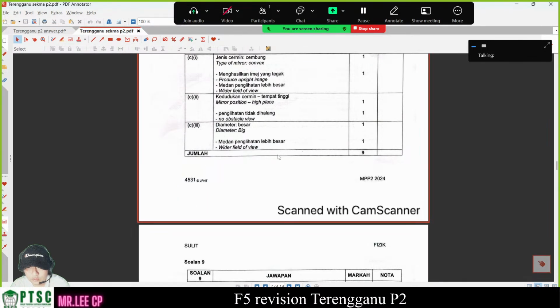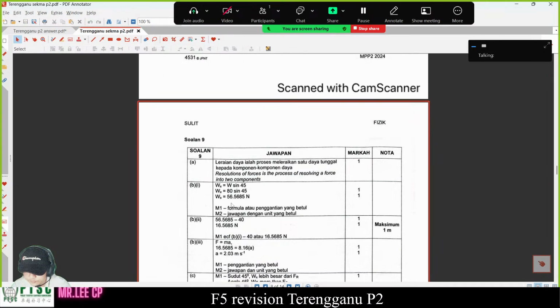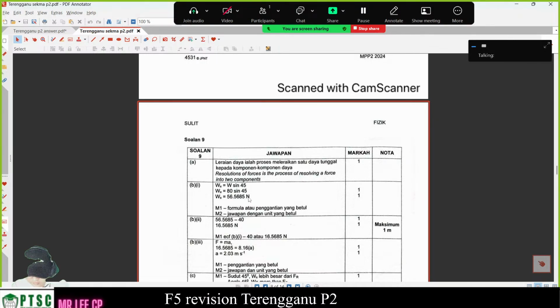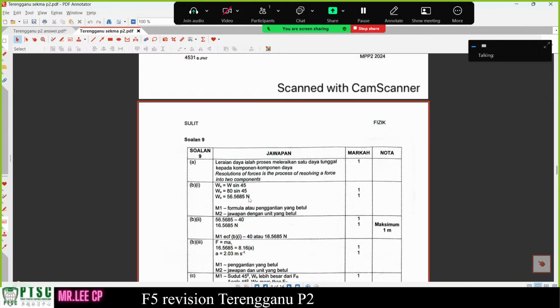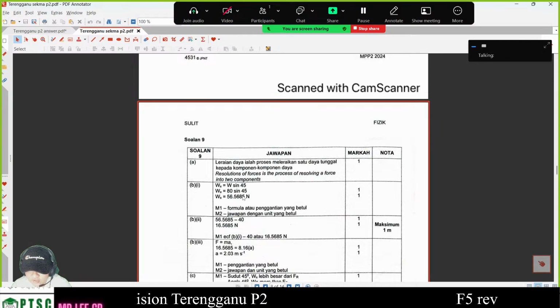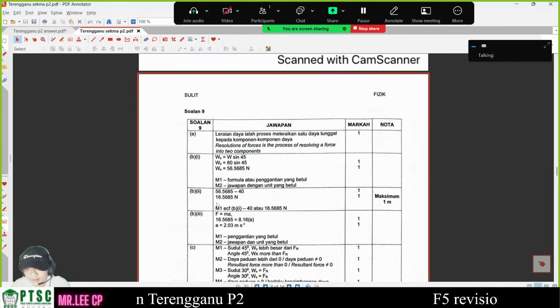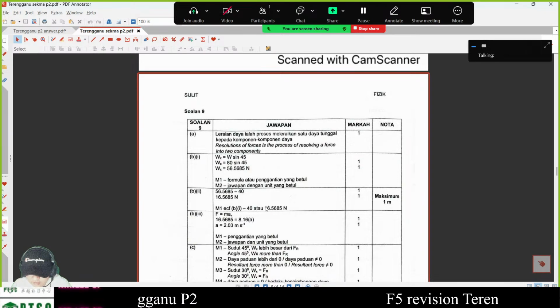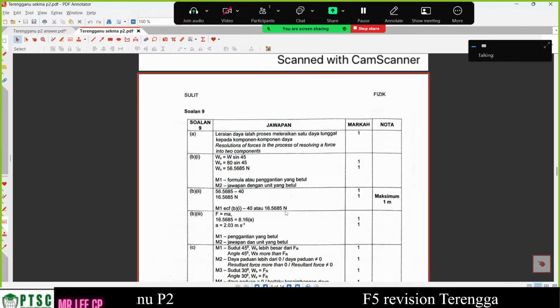So we look at the answer. At W sine 45, so you get 56.56, 5, 6, 5. Wow. Okay, no need so many lah. Normally 2 decimal will be okay. Right? So you got this one, you got this one. So minus after minus, your answer will be 16.578. Right?